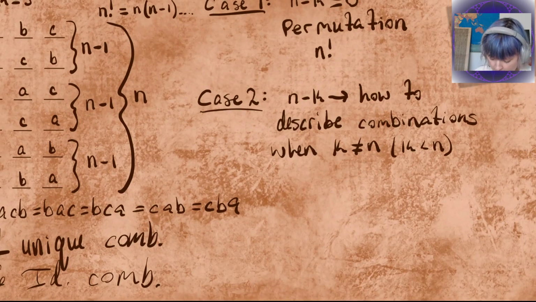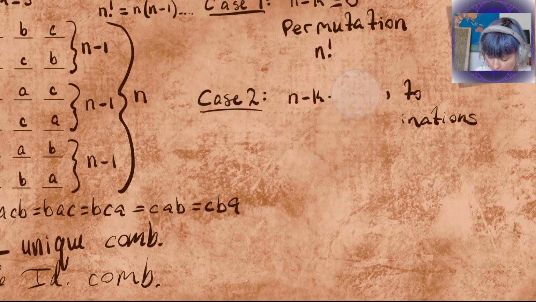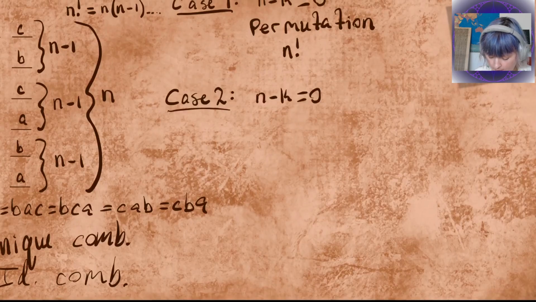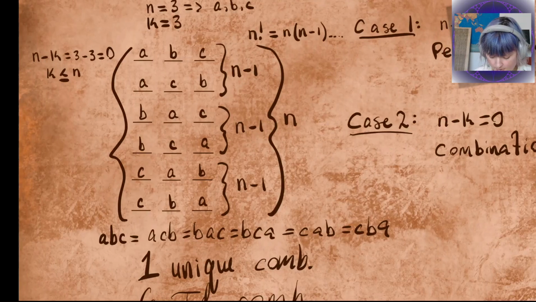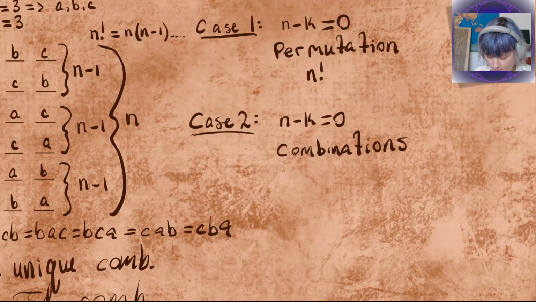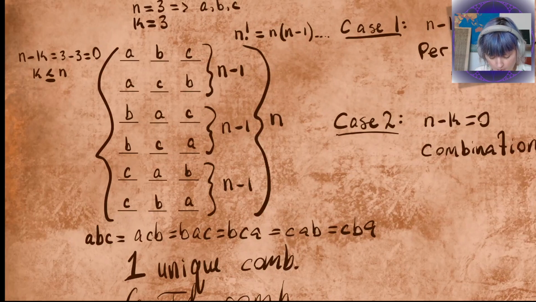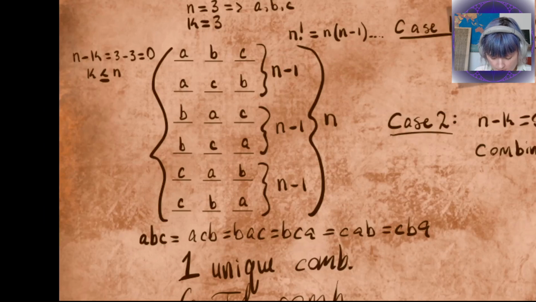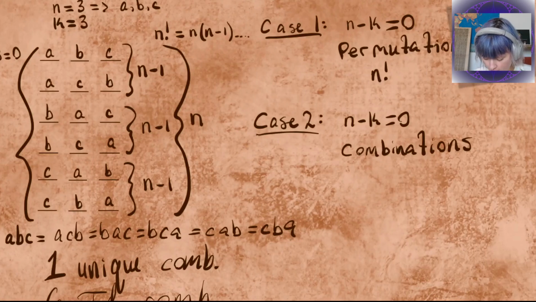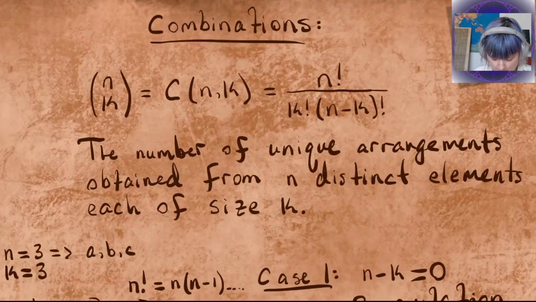And then as far as case 2, when we're looking at combinations, what we found was that this sort of collapses down to 1. All these, one unique combination, right? So you could say 6 identical combinations or one unique combination. In this case, let's just say one unique combination, because that's what this is telling us.